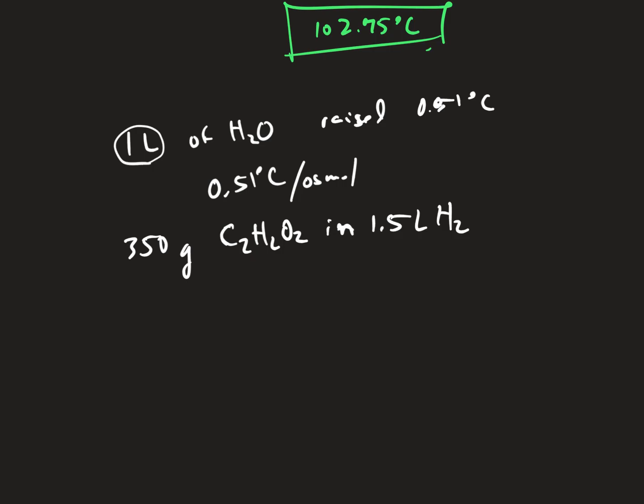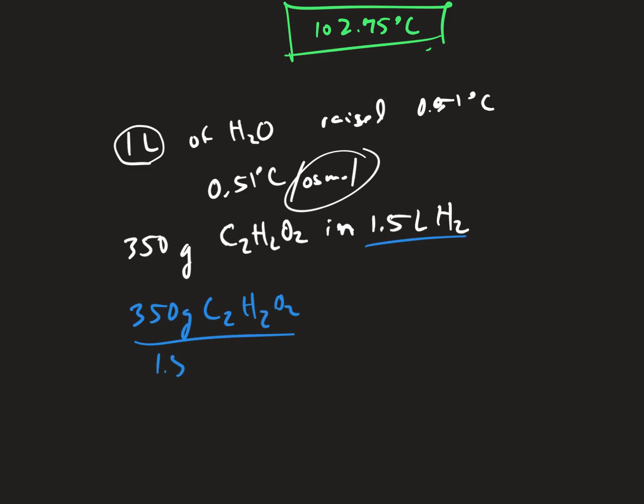Okay. First step is find the osmolarity. To find osmolarity, find molarity, right? Good? So the molarity is 350 grams of our solute, C2H2O2, over our solution is 1.5 liters. Good?